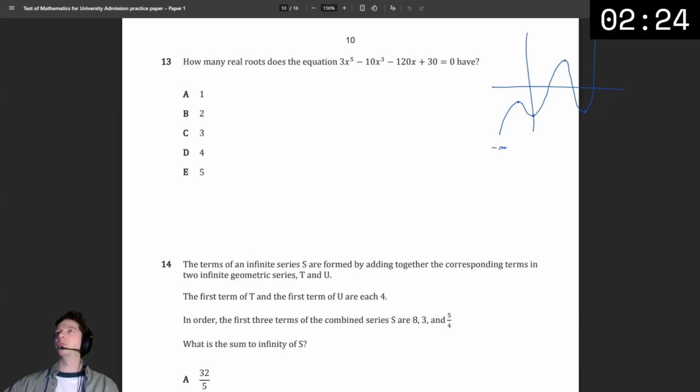Then I go up to plus infinity, so that means I'm going to cross the axis one more time, right? So that's the idea. We're going to find the turning points, and they should basically give us a good sketch of the function.